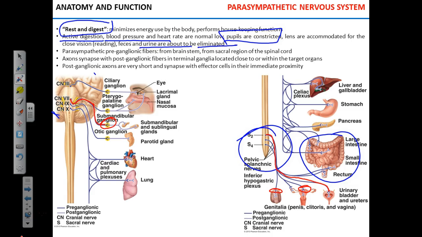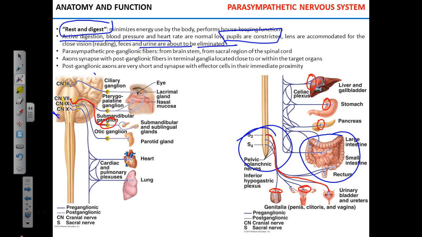Ganglia is the place where preganglionic fibers synapse with postganglionic fibers. Is that clear? Where are those ganglia of the parasympathetic system? They are either very close to the target organs or inside the walls of the target organs. Does that make sense? So this shows you very well, inside the wall, inside the wall, inside the wall.